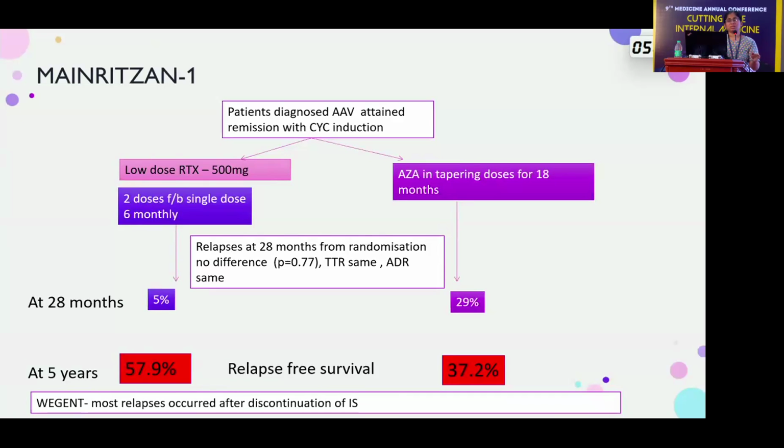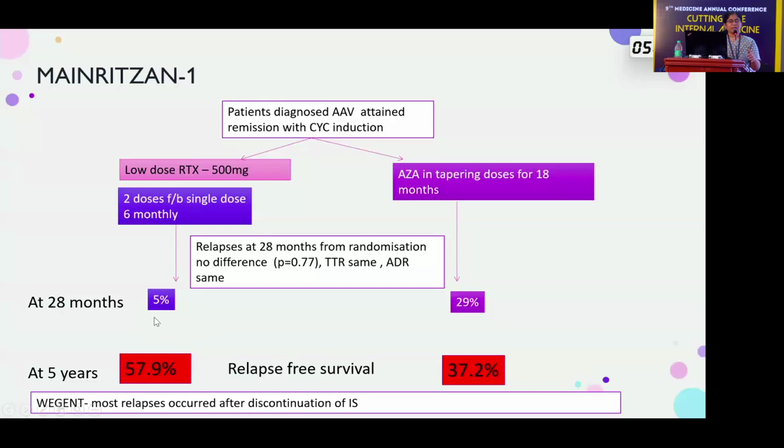One is the main MAINRITSAN trial, where low-dose rituximab 6-monthly infusions were compared with azathioprine. They found that relapse-free survival at 28 months, as well as at 5 years, was better with rituximab as compared to azathioprine.